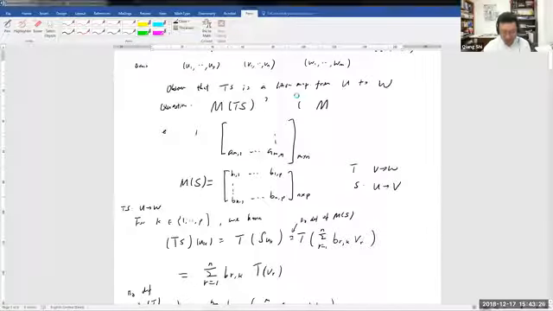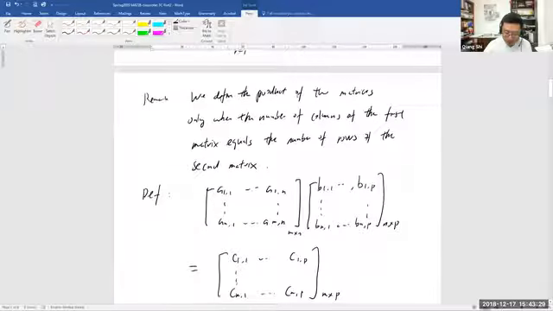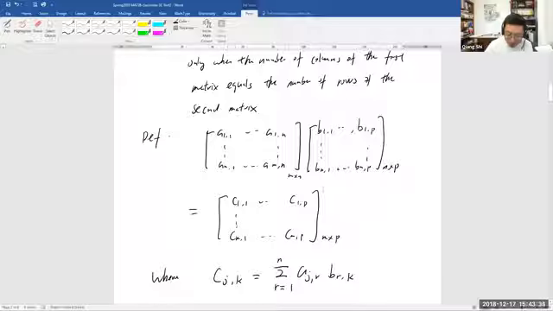So this one here is the matrix of T. This one here is the matrix of S. And this one, by our discussion on the first page, if you define it in this fashion, must be the matrix of T times S. We use the definition to prove that it needs to be this.